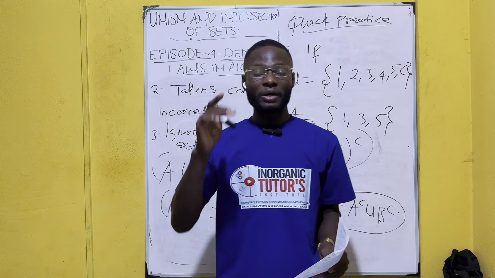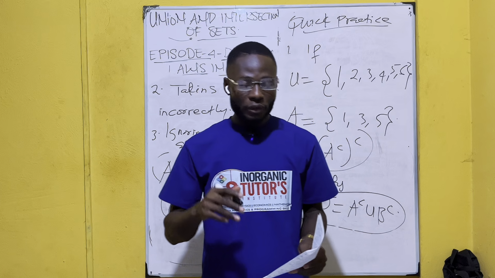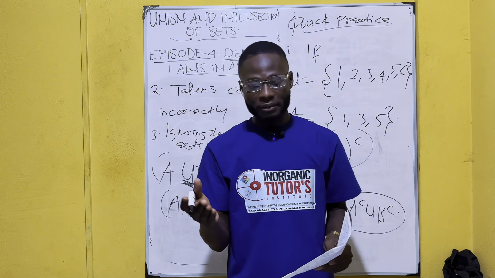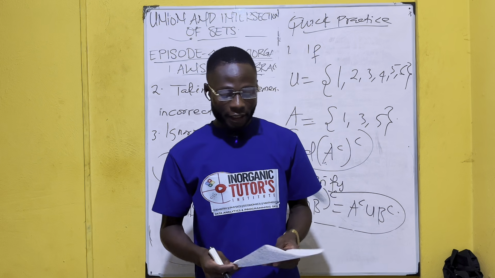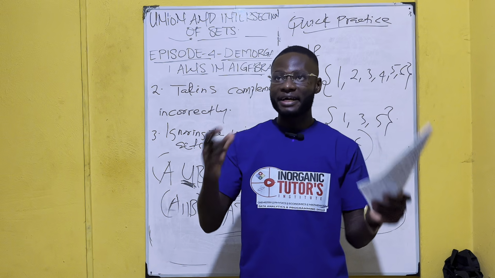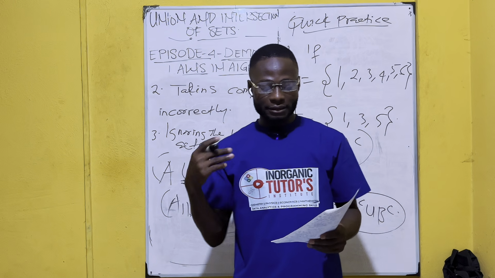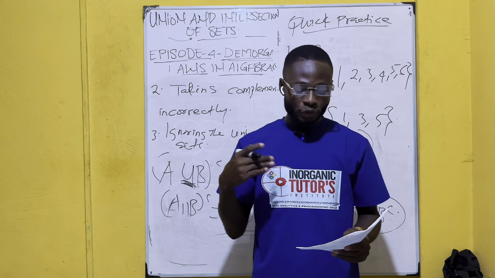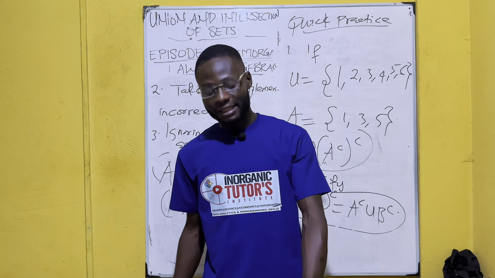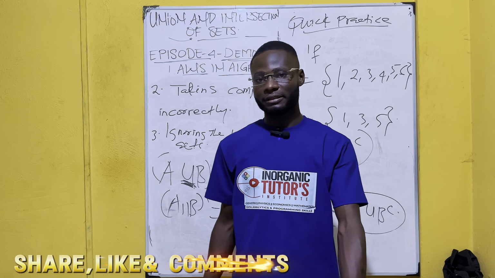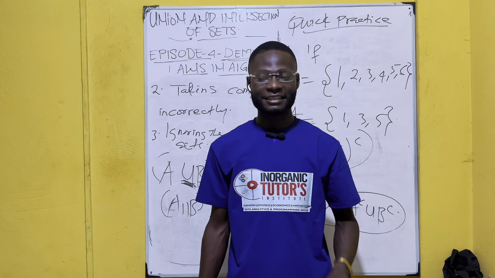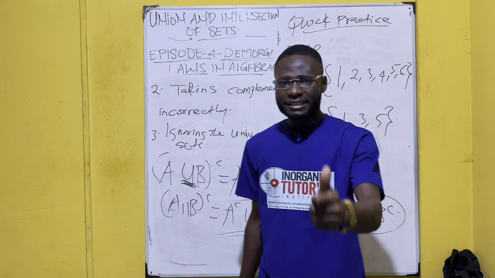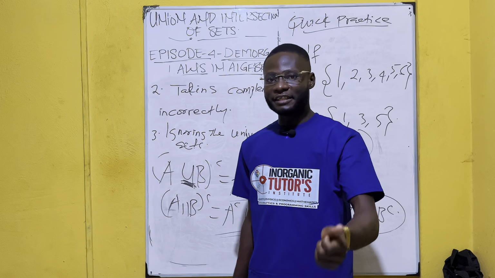So in episode 5, we are going to talk about the 2-set problem, where we will use the Venn diagram and the set formulas to solve real life and examination type questions. Very interesting, right? So expect episode 5 in the next day.